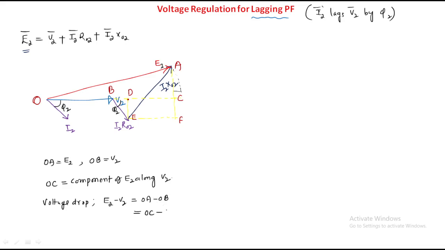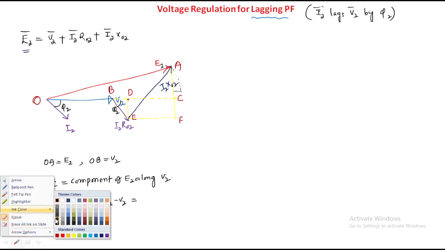Sorry, not like that, because we have extended the component of E2. Therefore, with respect to this axis only we have to take. So E2 minus V2 should be equal to OC minus OB.